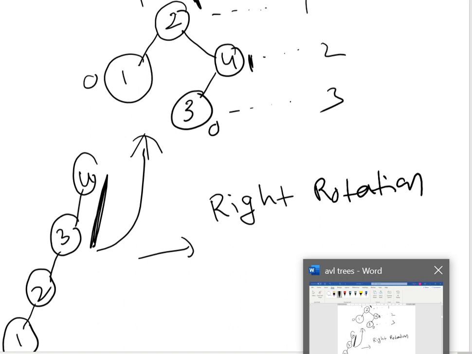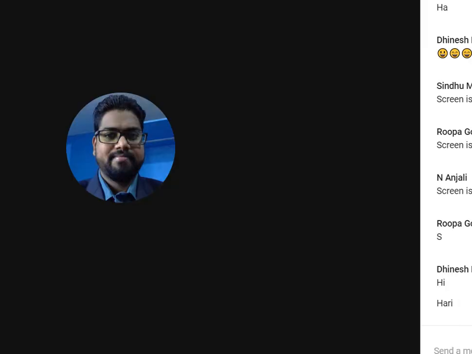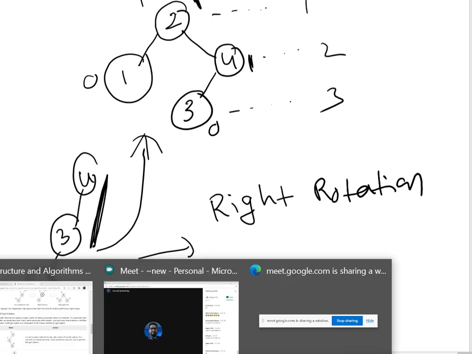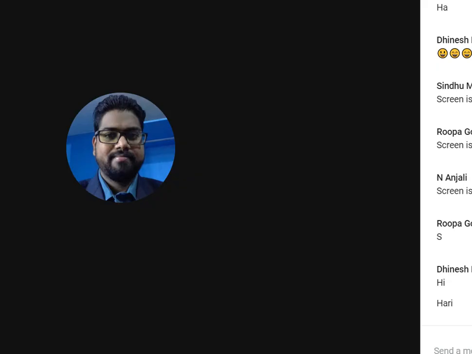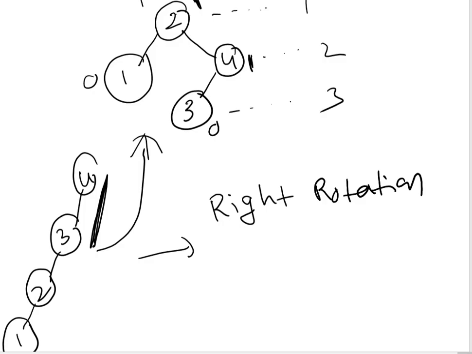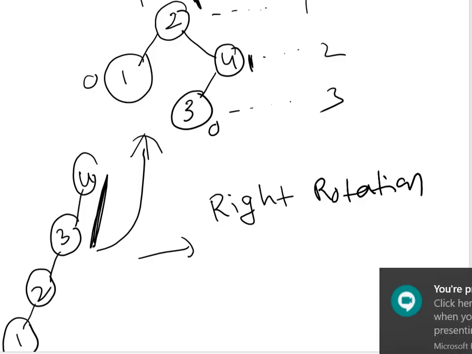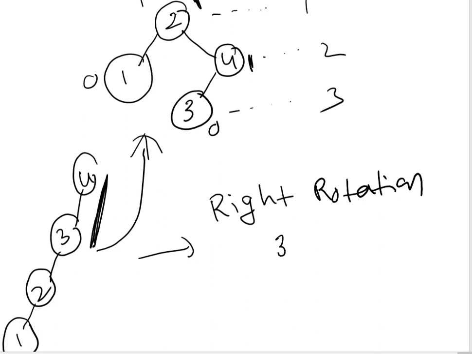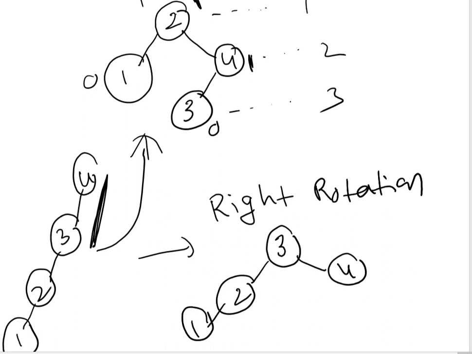What can we do here in right rotation? In right rotation, what will happen? 3 will be the root and 4 will be here, and then 2 and 1. So height will be what? 0, 1, 2.